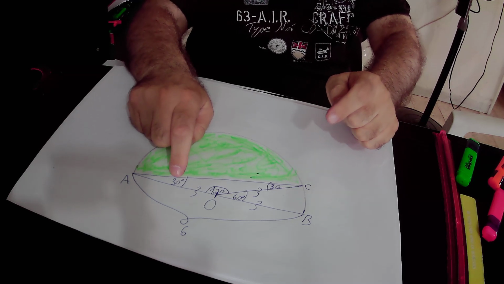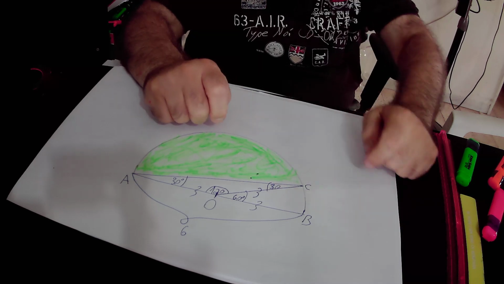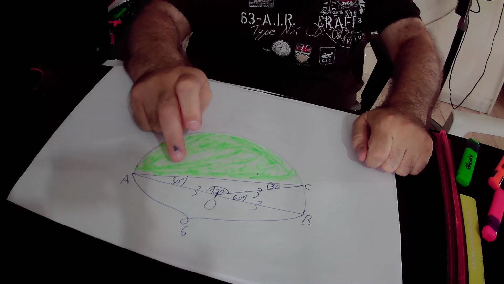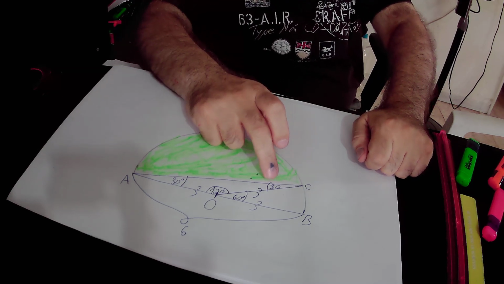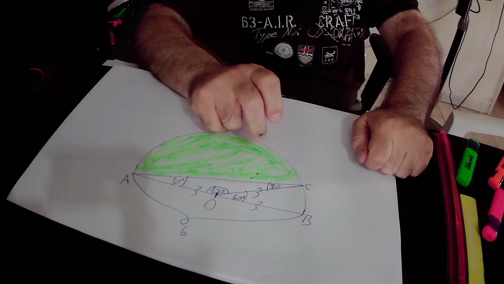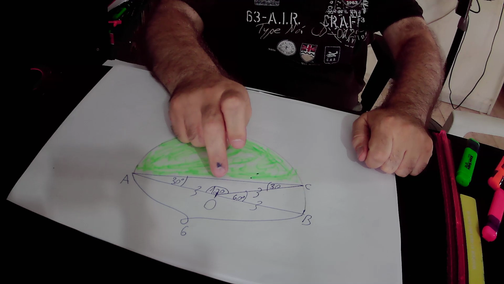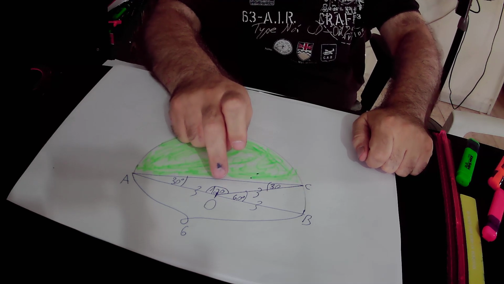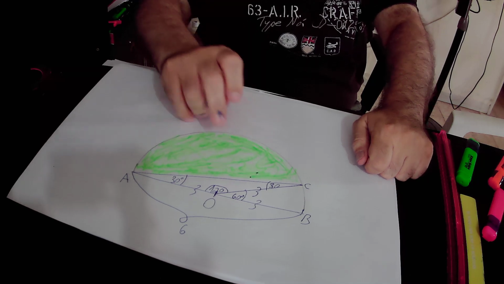But this angle equals 30 degrees, therefore this angle must also equal 30 degrees. So inside triangle AOC, this angle equals 30 degrees, this angle also equals 30 degrees. 30 degrees plus 30 degrees is 60 degrees. Therefore, the missing angle must be equal to 120 degrees according to the rule that the sum of the angles in a triangle is equal to 180 degrees.